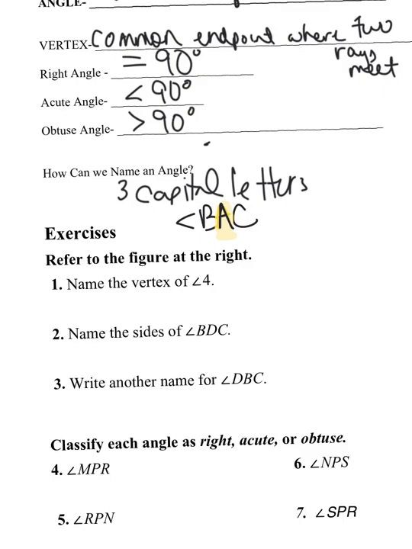So if we have an angle that looks like this, and it has an F right here, and there's no side points, we can call that angle F. So if it doesn't have other points, you can call it by the vertex, or we can use 3 letters. So that can be angle F, or we can call it EFG.